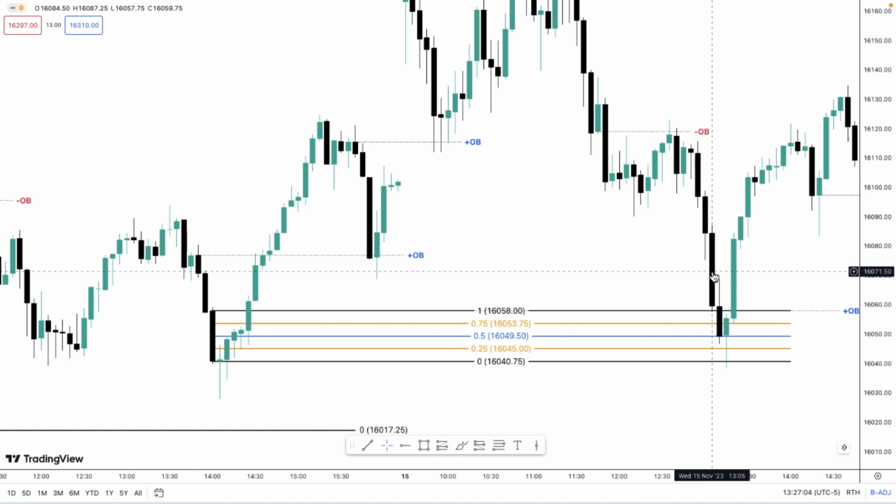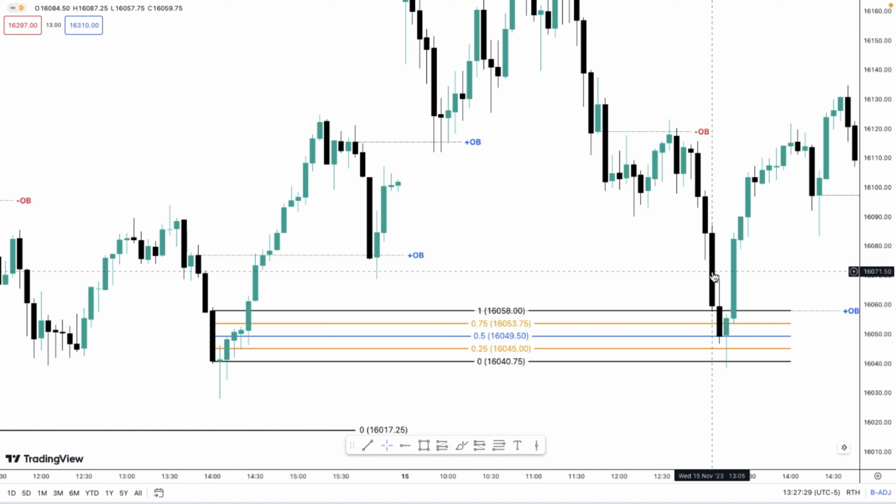So price is going to deliver buy side price delivery and sell side price delivery interchangeably, delivering from bearish order blocks to bullish order blocks. What it's actually doing is delivering from premium to discount, meaning from expensive prices to cheap prices.